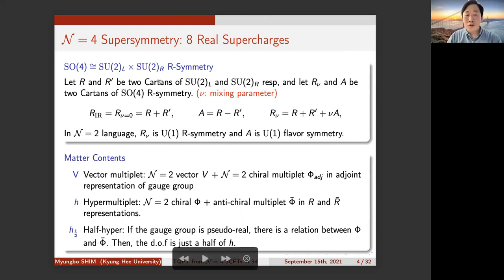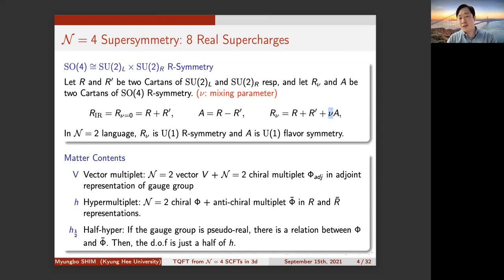Here, the 2 Cartans are R and R prime, the SU(2) Cartans, and we can also define 2 different Cartan generators of the SO(4) R-symmetry, R_nu and A, as linear combinations of R and R prime with an additional parameter nu, which is the most important parameter in this talk, which is the defining property of rank 0 theory.